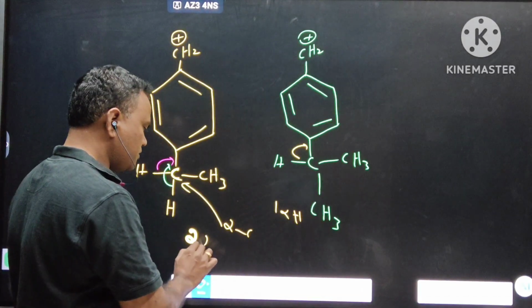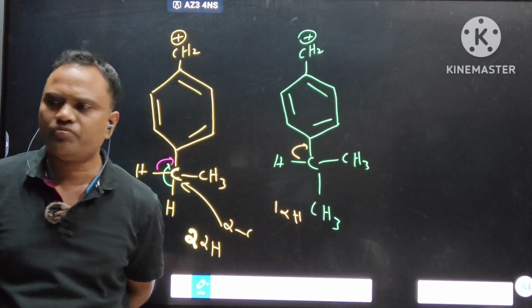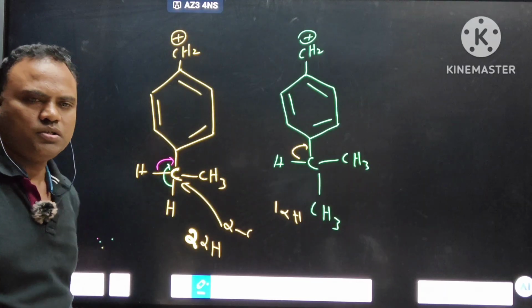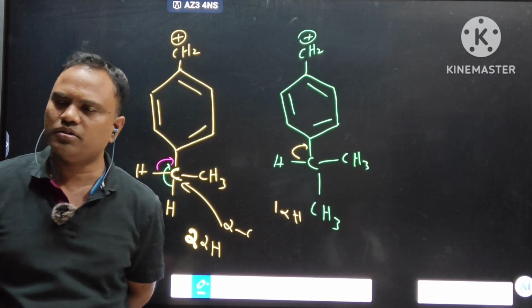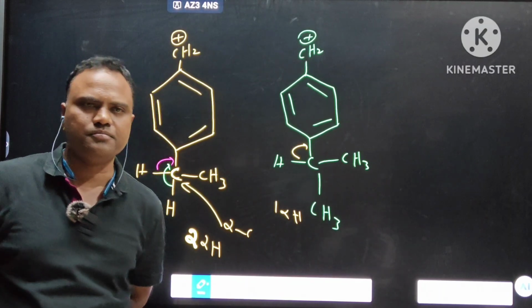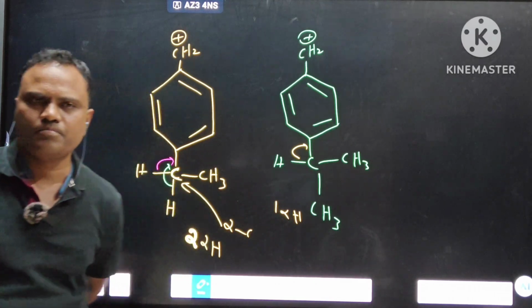Here 2 alpha hydrogens. If more is the number of alpha hydrogens, then more will be the stability. So which alkyl halide readily participates in SN1? A. Because A can form a more stable carbocation. Got it, online students, all of you, everyone.